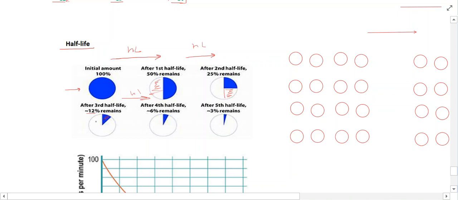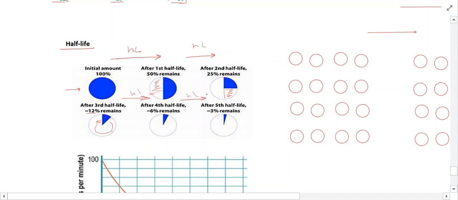So the blue part represents the amount of your sample, the isotopes of carbon-14, that have not decayed yet, and this whole portion in here is the amount of it that has decayed, and the same thing after another half-life.